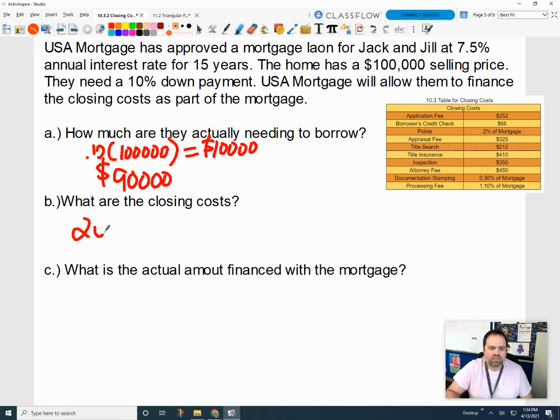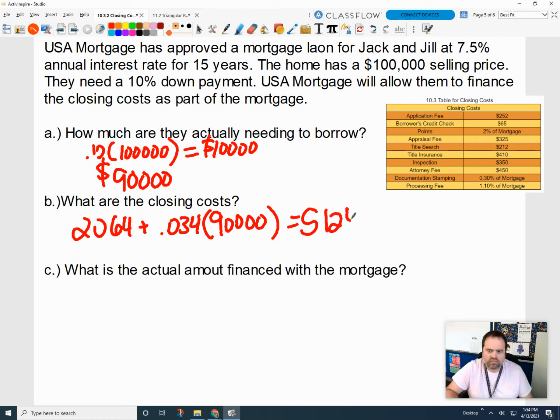So the closing costs are going to be $2,064 plus 3.4% of $90,000. That is $5,124. Add that back on to the $90,000. That is $95,124.